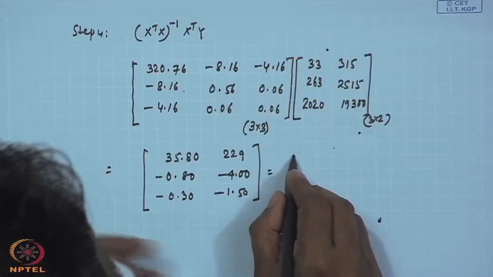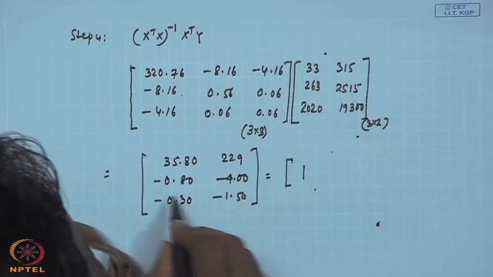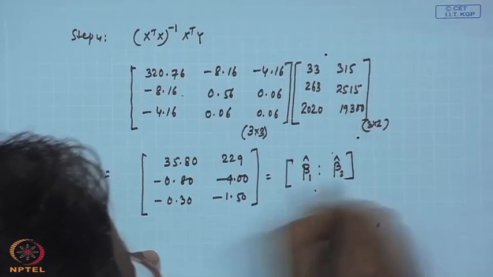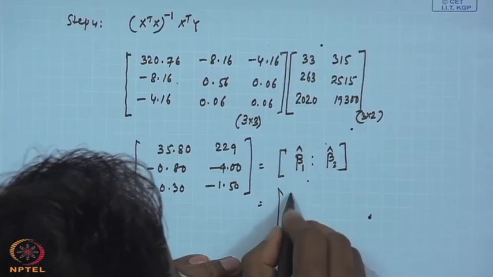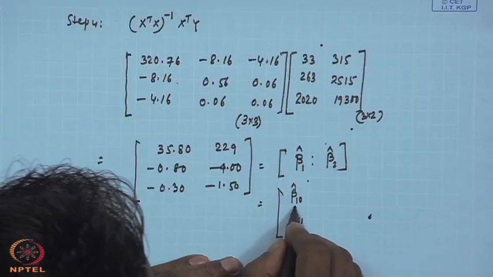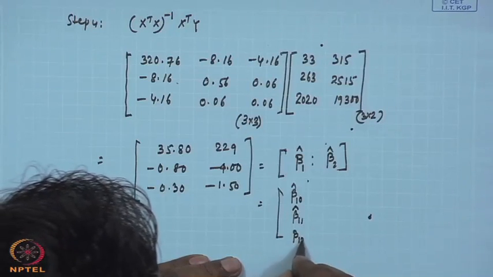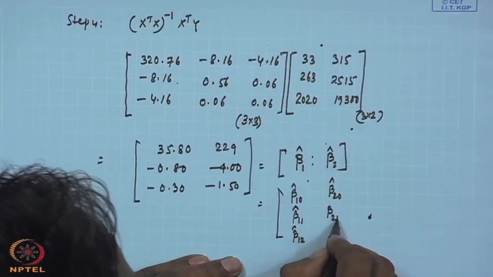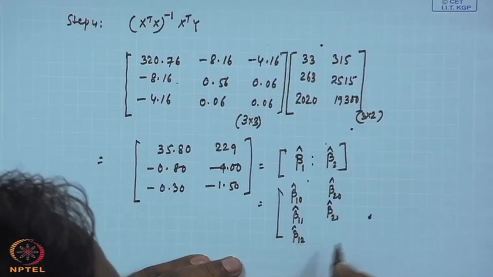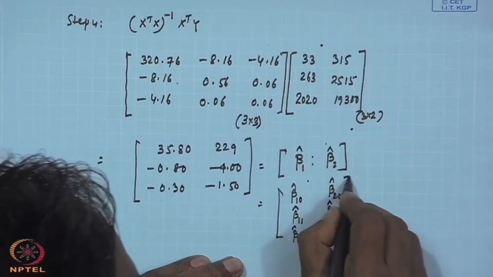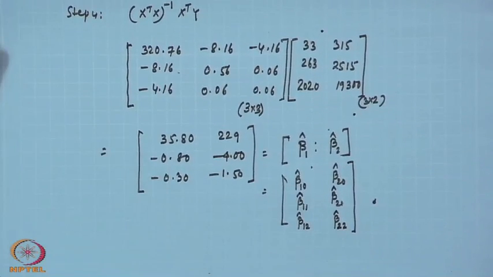This is your beta 1. If I say beta 1 cap and beta 2 cap, which is nothing but beta 1 0, beta 1 1, beta 1 2, then beta 2 0, beta 2 1, and beta 2 2, correct. So, what have you got then?